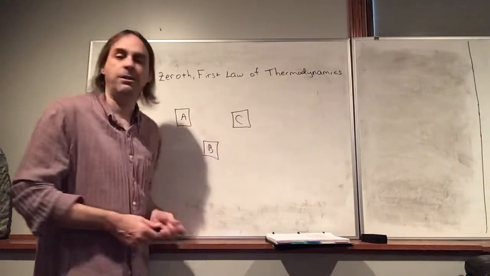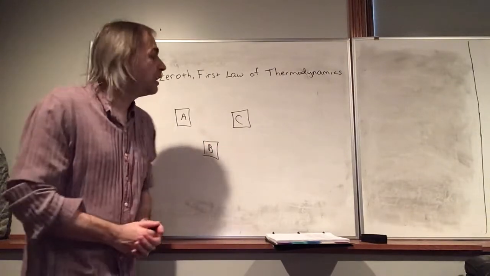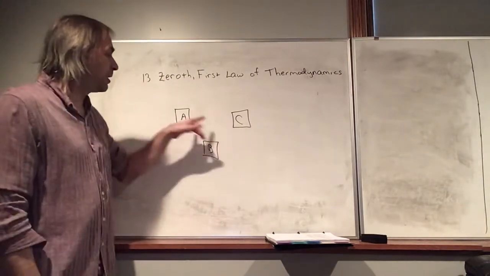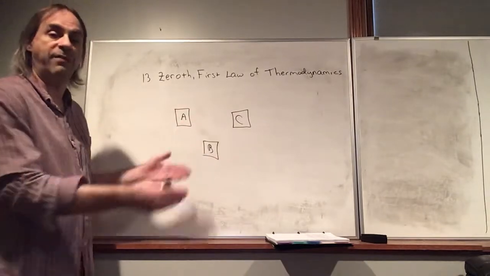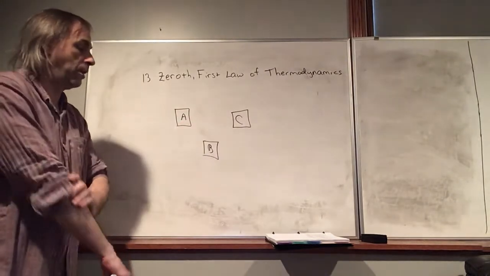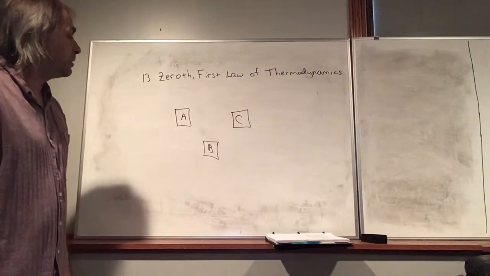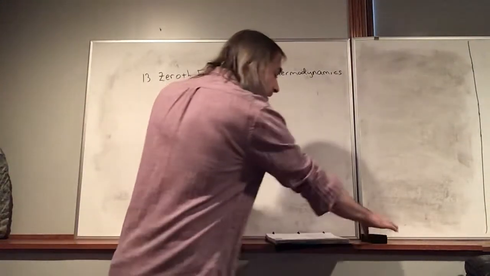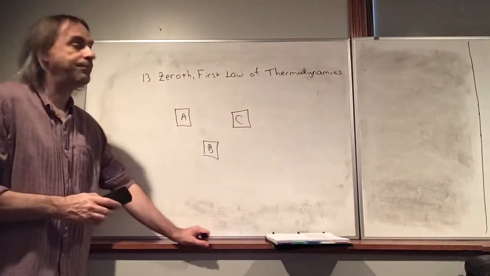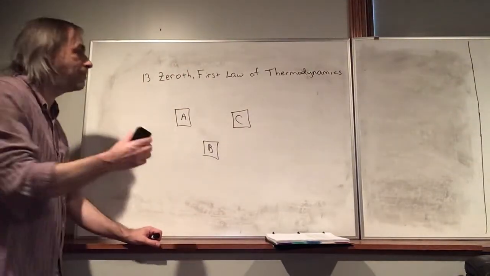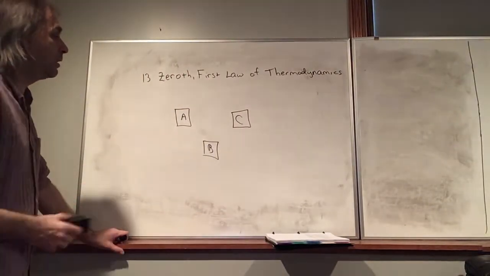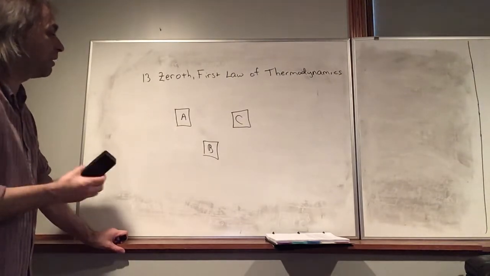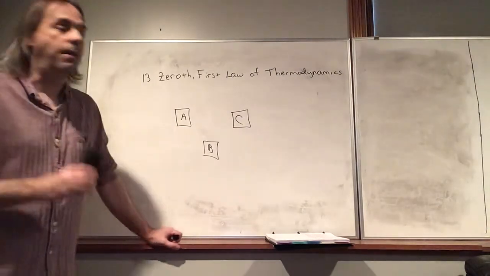But this is saying, no, it just depends on the temperature. So if these 2 are in equilibrium with this object, they have to be in equilibrium with each other. So that's a logical necessity to have this law. It's the last one they came up with, but it belongs in front, so we call it the zeroth law of thermodynamics.